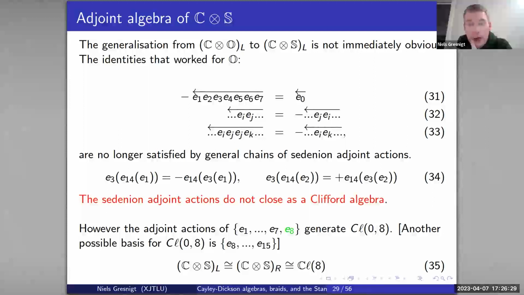And actually, one more comment, because you asked if the chains don't close as a Clifford algebra, what kind of algebra might they close as? I've thought about that a little bit. I don't know. What is also interesting is that if you look at Dickson's work, once he starts looking at, I think, either t squared or t6, he makes the same claim as well, that his algebra doesn't close as a Clifford algebra.